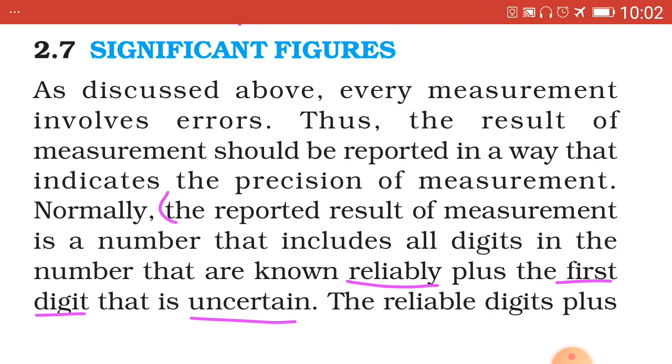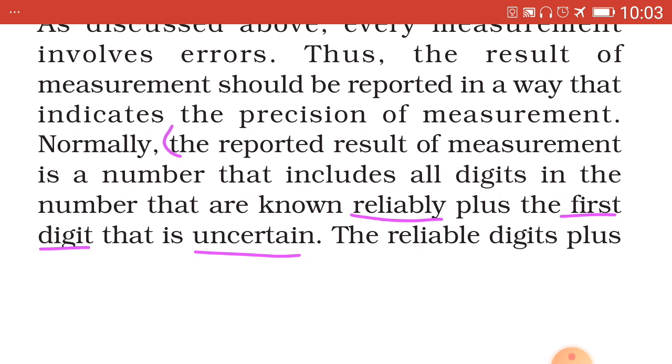The reported result of measurement is a number that includes all digits in the number that are known reliably plus the first digit that is uncertain.